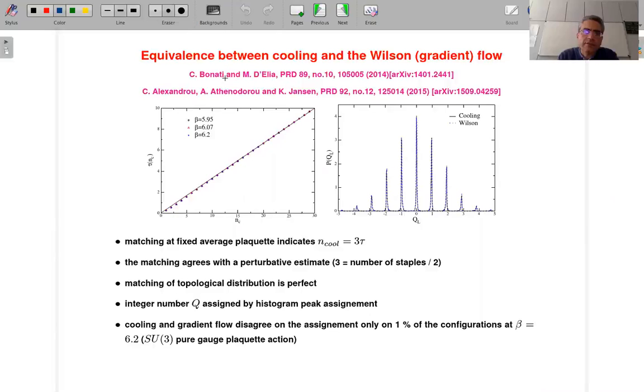I refer to this paper for the details. And you can assign an integer number by this histogram peak assignment. If you look configuration by configuration, cooling and the gradient flow disagree on only 1% of the configurations at this value of the inverse gauge coupling, which is beta 6.2. So the systematic uncertainties are very well under control.